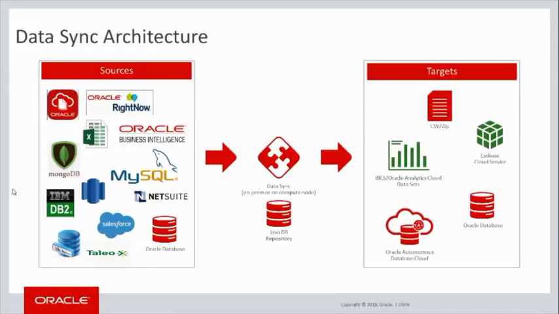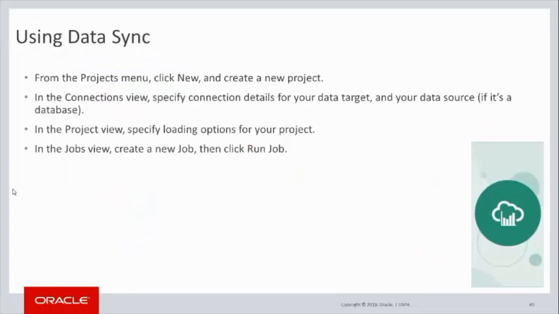Supported DataSync sources are JDBC, MongoDB, Sybase, Hive, Salesforce.com, AWS, both Redshift and Postgres, MySQL, MS Access, Spark, and NetSuite. And supported targets include the Autonomous Database as well as others.